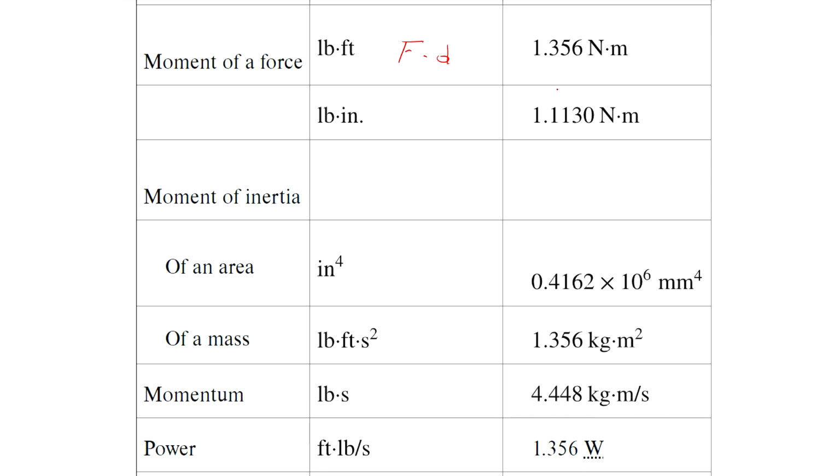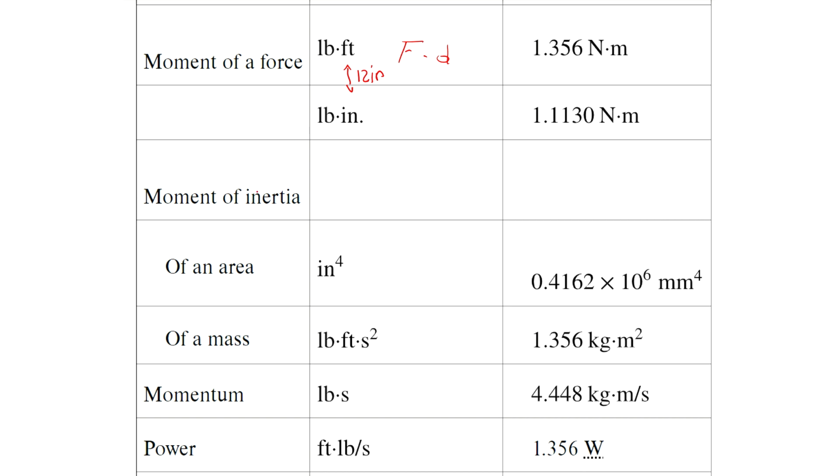Why is it not the same? Because this is not a one-to-one correlation. There are 12 inches in 1 foot, not 10. Therefore, these numbers are different, so don't get confused.